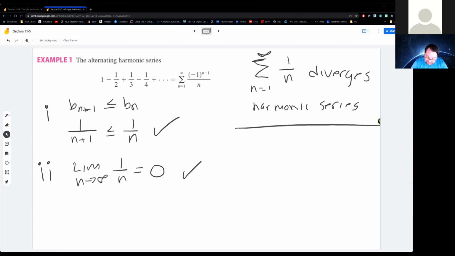So while the harmonic series diverges, the alternating harmonic series converges.